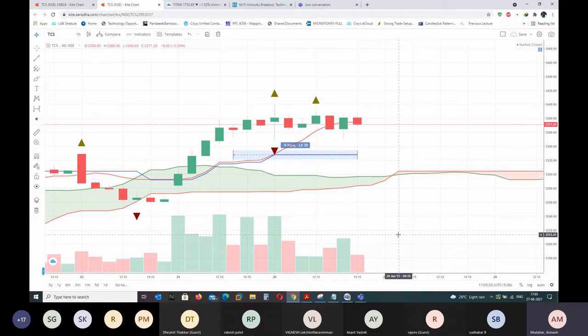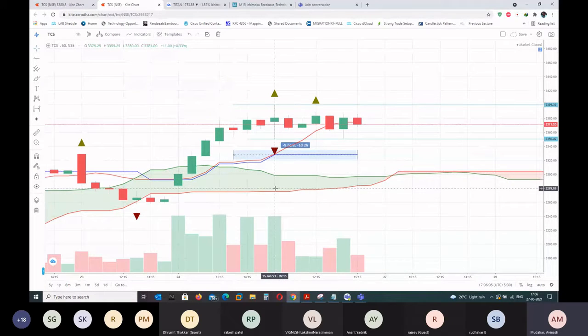You simply take the highest high from this point to the current candle. The highest point is this one, and the lowest point is this one. You add this high and this low, and then divide by 2. Whatever value comes, it will come here. That's the red line, and the software will automatically plot it for you.